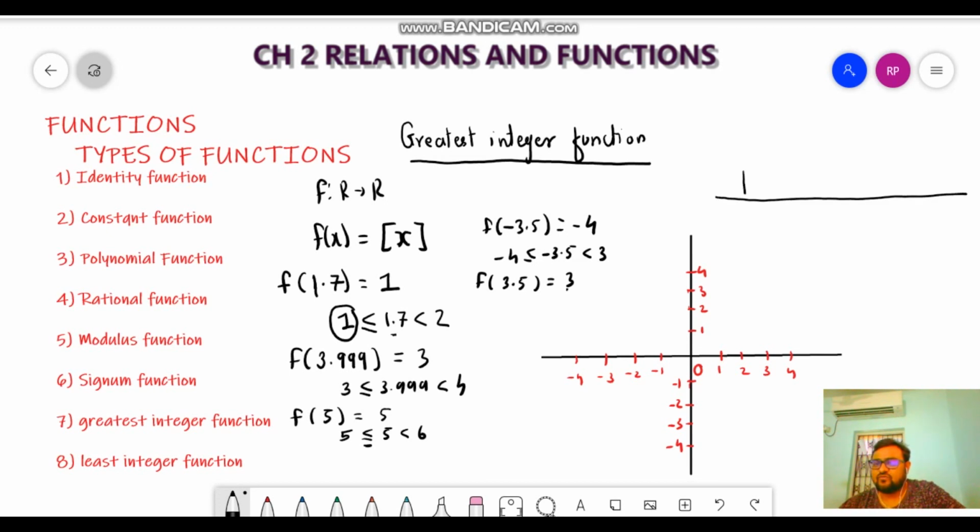See, for here x and here greatest integer function. Clear?